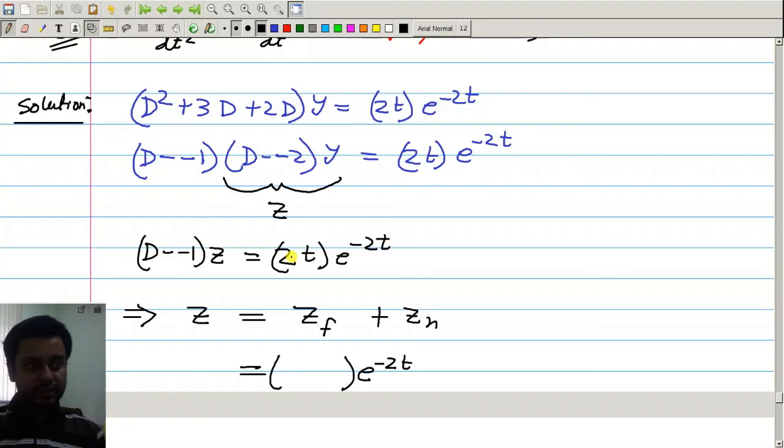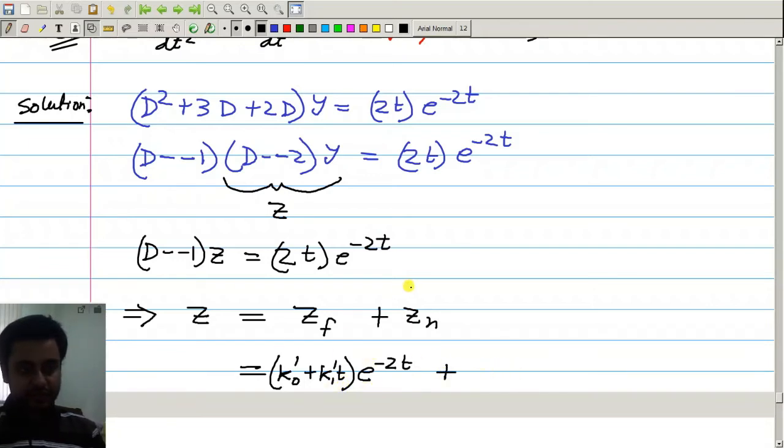This is of degree 1, so here we will have say k0 prime plus k1 prime t, a first order polynomial.